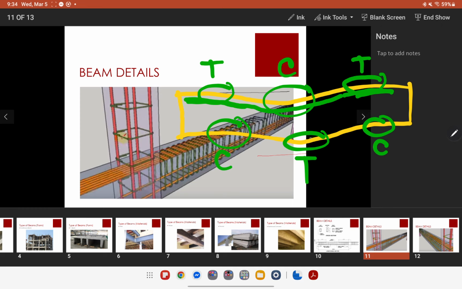Same with the bottom bars. The area where there is tension, that's where we provide more rebars, and then we lessen your rebars in these areas.